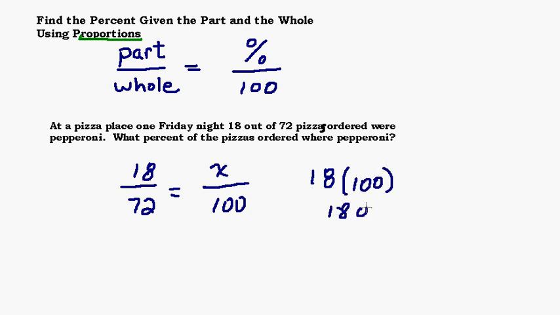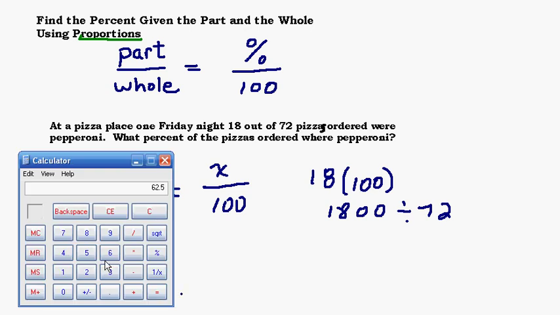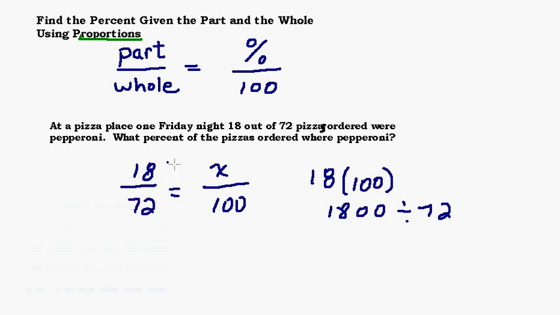That gives me 1800. And then we're going to divide that by the number that's across from the value we want to find, which is 72. 1800 divided by 72 is 25. So that means 25% of the pizzas ordered were pepperoni.